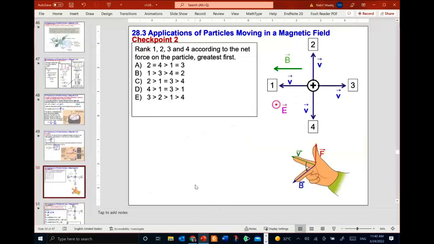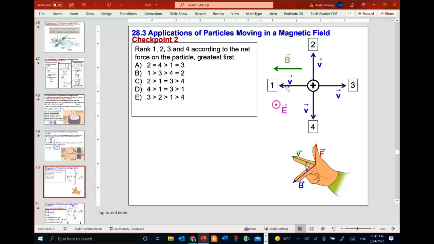For the sake of time, let me go over this. Okay, so this is a checkpoint. We have an electric field coming out of the page in the positive Z direction. We have a magnetic field in the minus X direction. And we have different situations for the velocity vector.